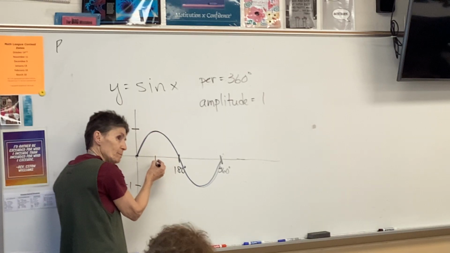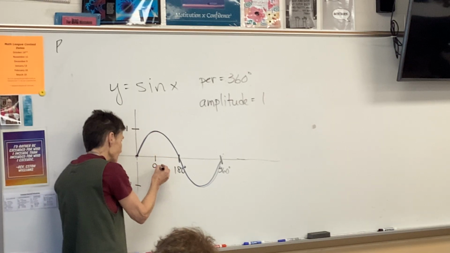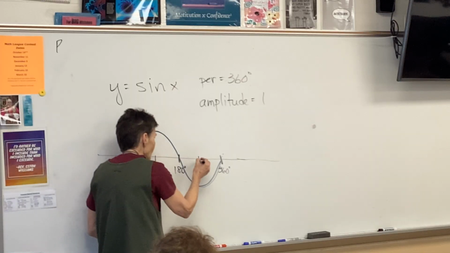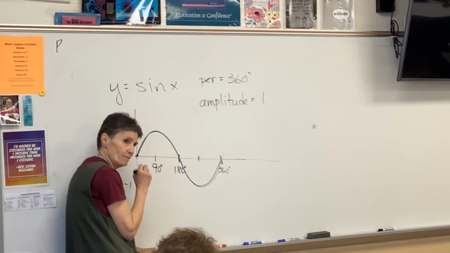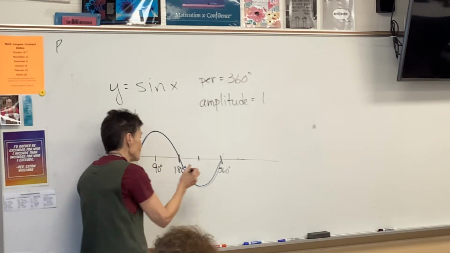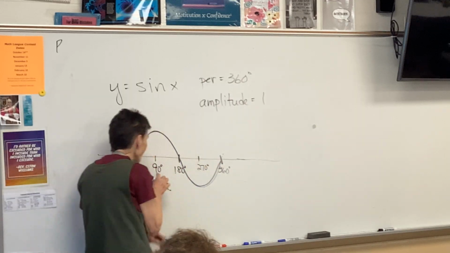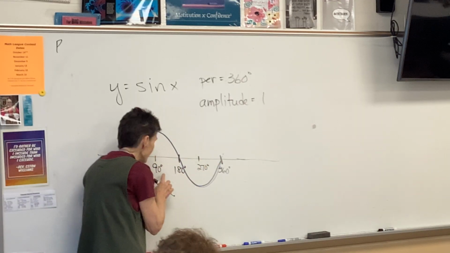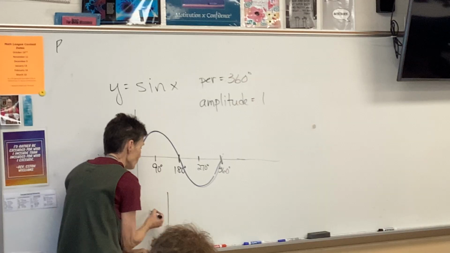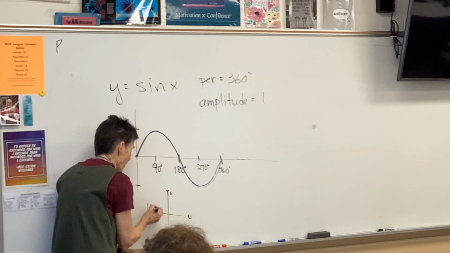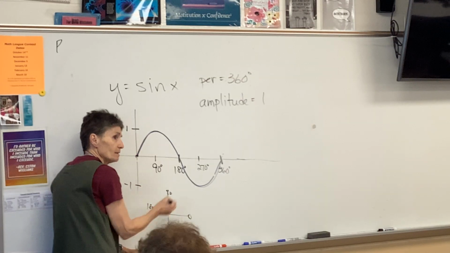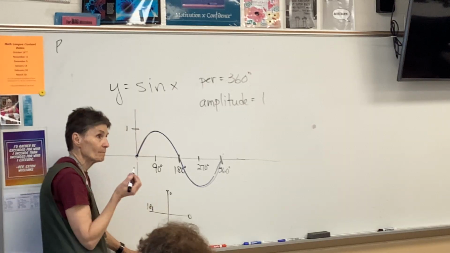Any idea what that would be? 90. And then you have to label the low point of the curve. 270. What are these angles, guys? These are the angles when you label your axes. Aren't these the axes lines? Yeah.